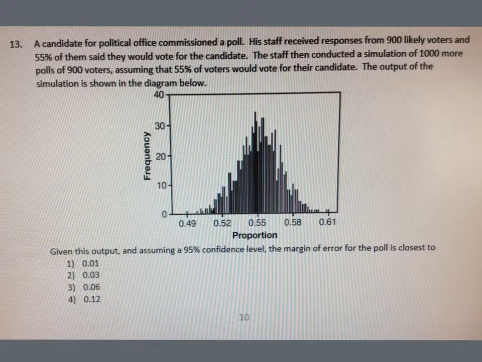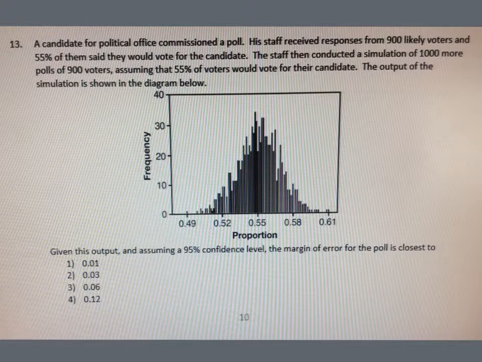Sometimes the candidate wound up with 52% favorable outcomes. Sometimes it wound up with 58% favorable outcomes, and so forth. You see that 55% is right here in the middle, because that's going to occur the most, because that's what they were assuming when they did these simulations 1,000 more times.